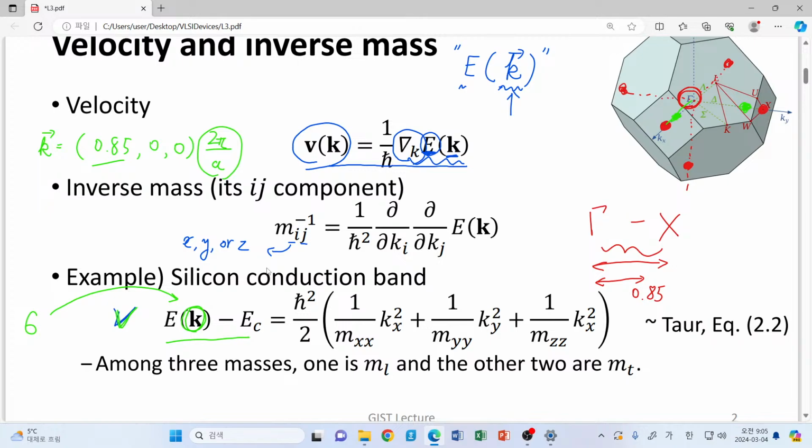This is the distance between gamma and X point, around 0.85, and of course we can have plus or minus 0.85 along different axes. There we can find different minimum values of our silicon conduction band.